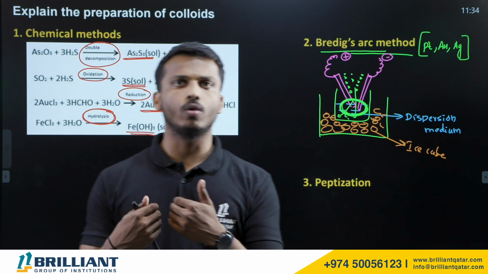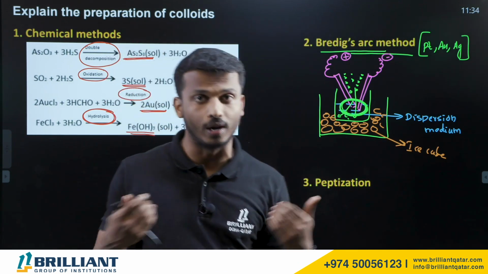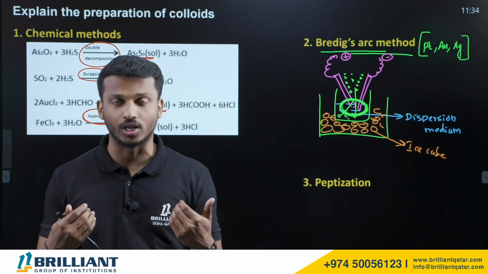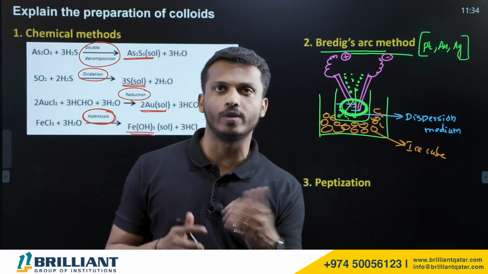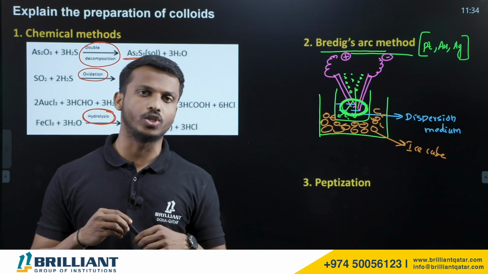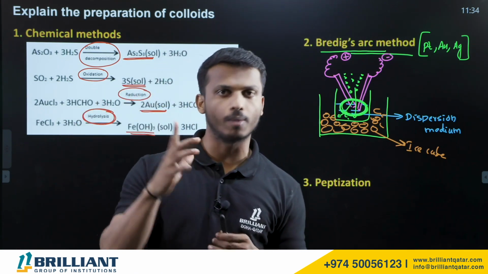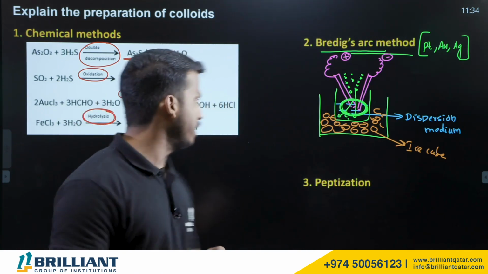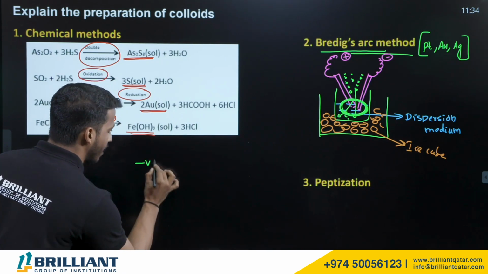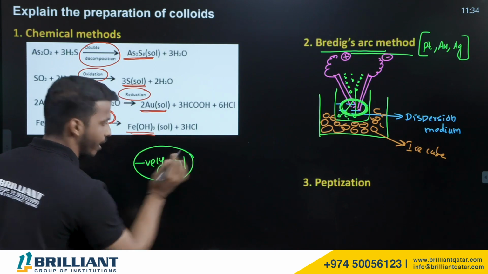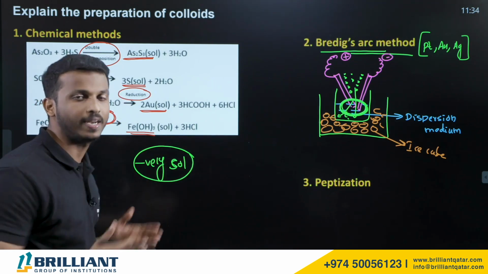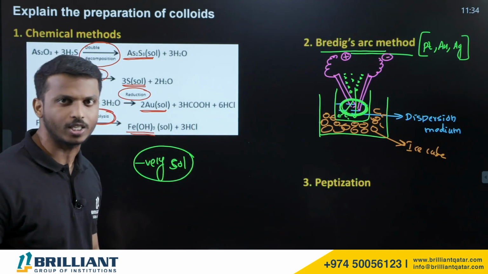And finally we studied some terms like coagulation or precipitation or flocculation. Regarding the rule, we studied the Hardy-Schulze rule. In the Hardy-Schulze rule we studied that the higher the charge on the species, the higher the coagulating power. One more thing: if you have a negatively charged sol or colloid and you want to precipitate it, we use a positively charged species, right?